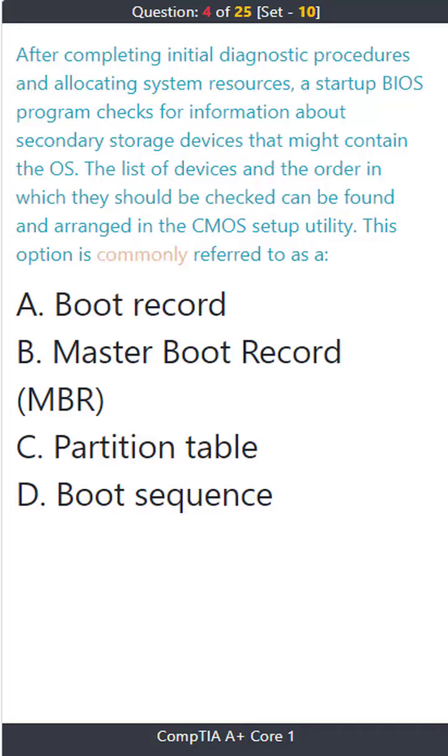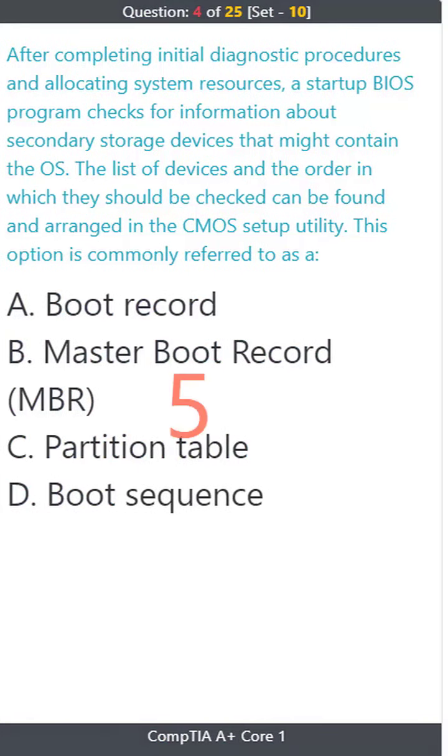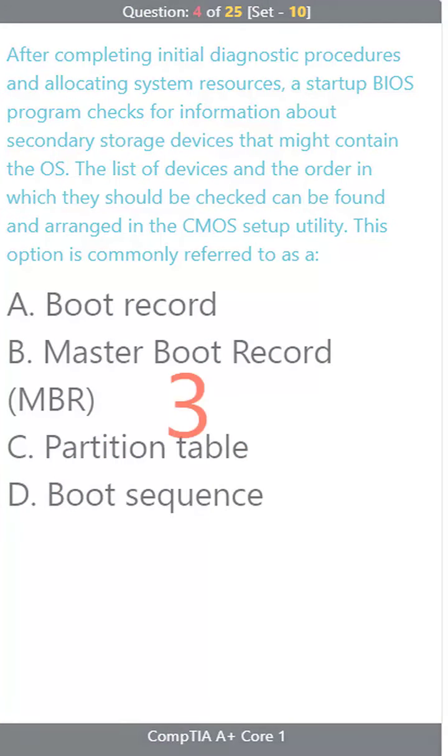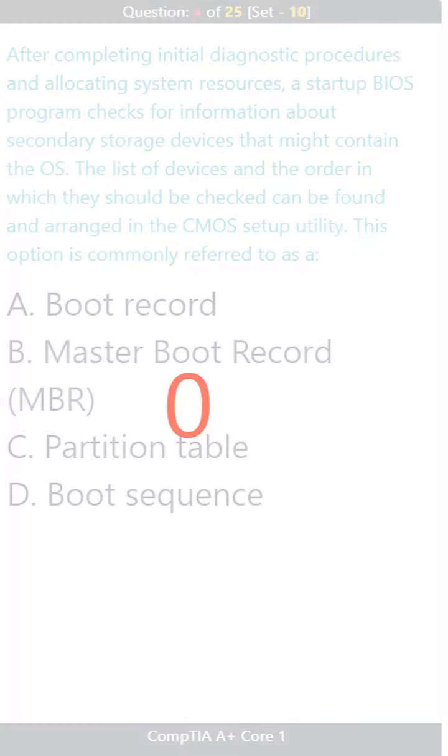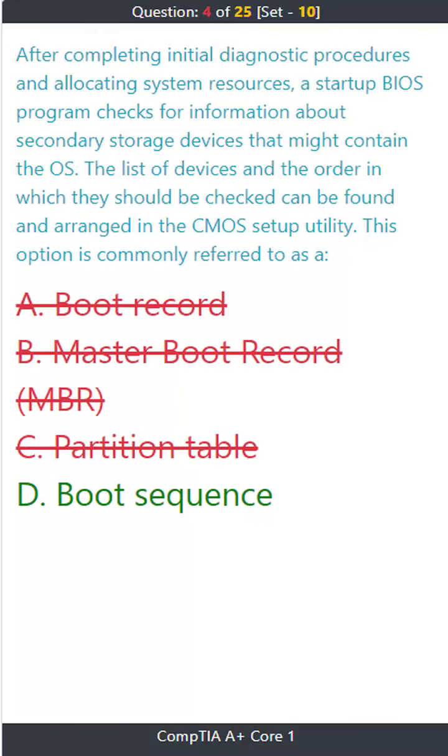This option is commonly referred to as A. boot record, B. master boot record, MBR, C. partition table, D. boot sequence. The correct answer is D. boot sequence.